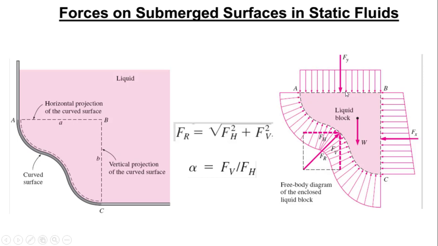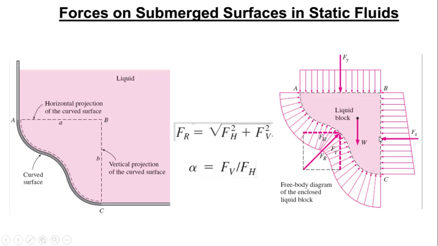If it's horizontally submerged, according to Pascal's law the force will act equally on this horizontal plane. So our resulting force will be equal to pressure multiplied by area, R equals P times A, and the center of pressure will be half the length of this plane. We have an equal distribution of pressure along AB.